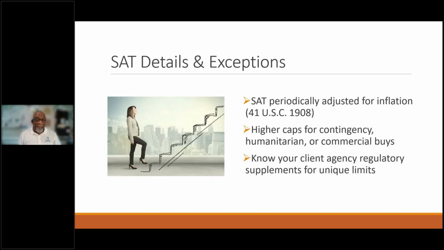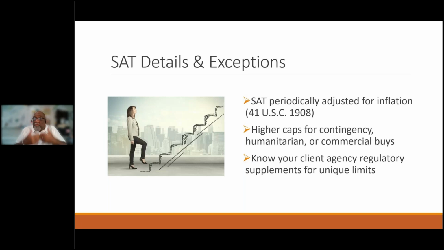Okay. One of the things that you have to be aware of is that while the caps and the inflationary adjustments change, and the contingency humanitarian caps provide authorization for a certain level, each agency has their own regulatory guidance to state in their regulations how much of that they use.